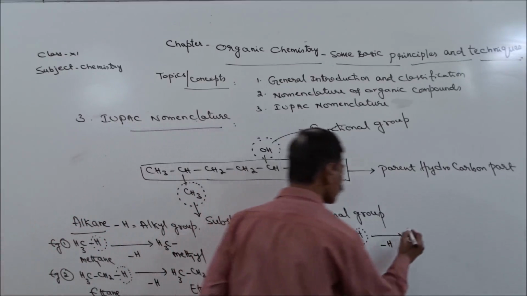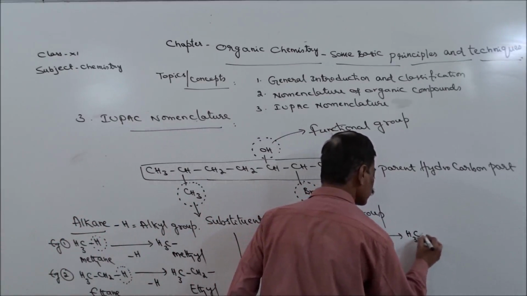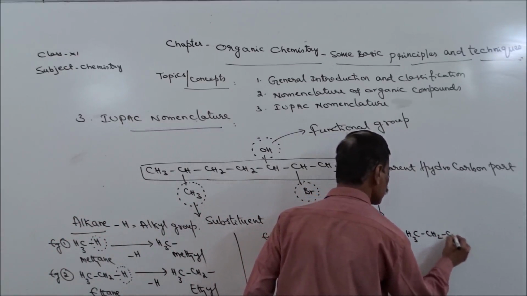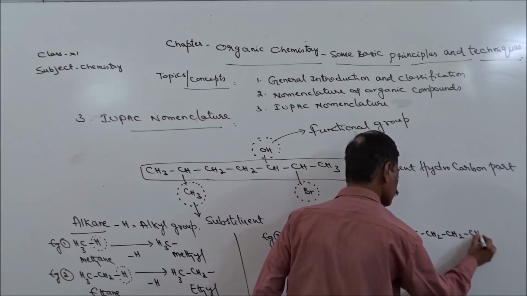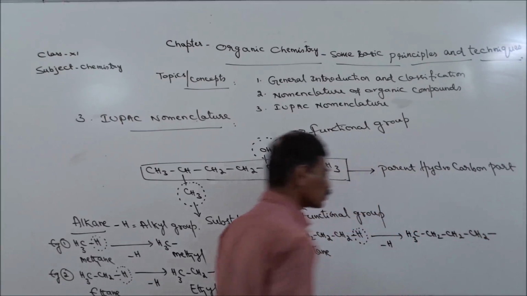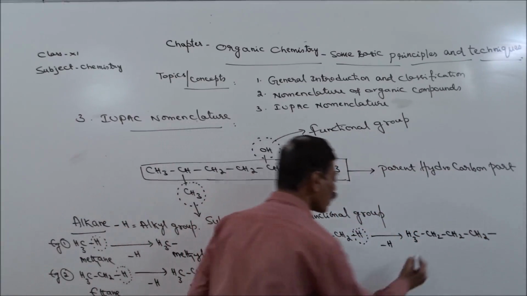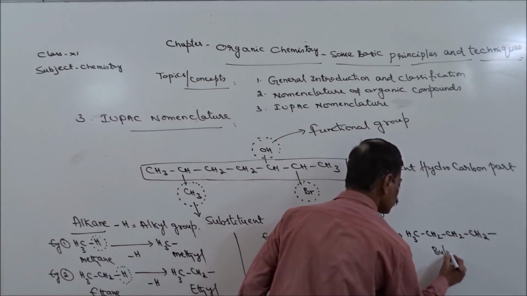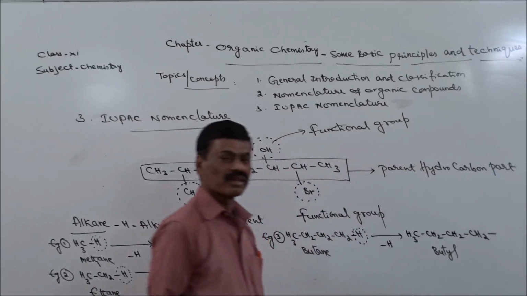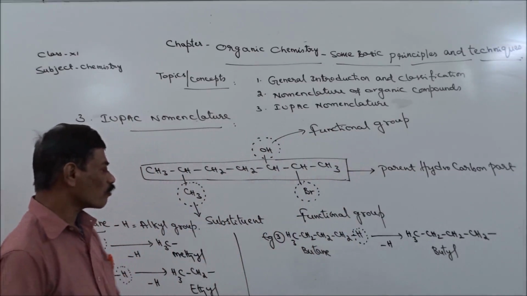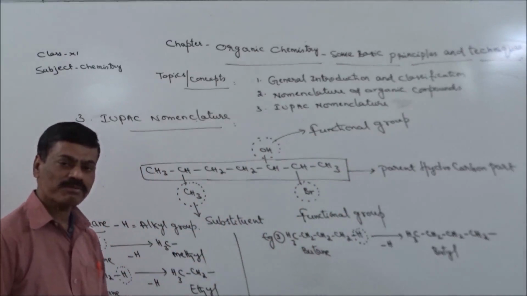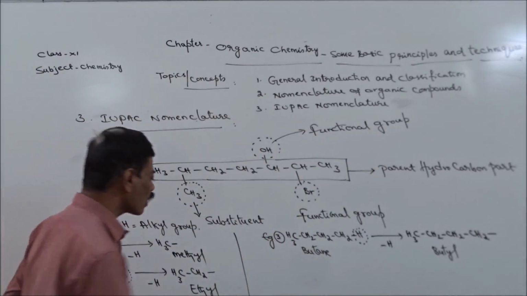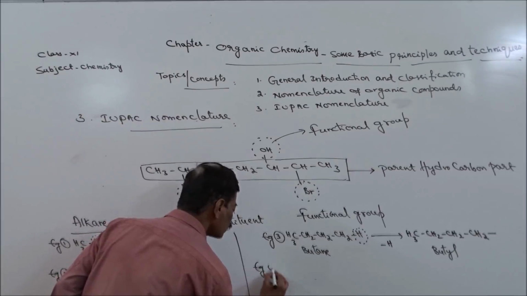Now butane becomes CH3 CH2 CH2 CH2 with a single bond. So butane becomes butyl. Like that, from pentane, if we remove one hydrogen atom, we will get pentyl. Hexane, hexyl.